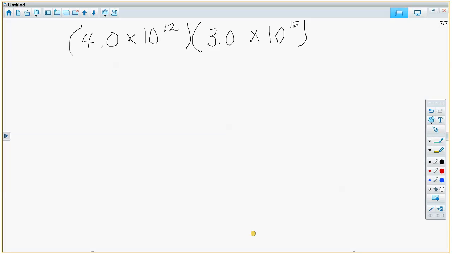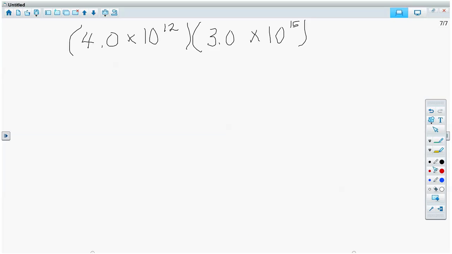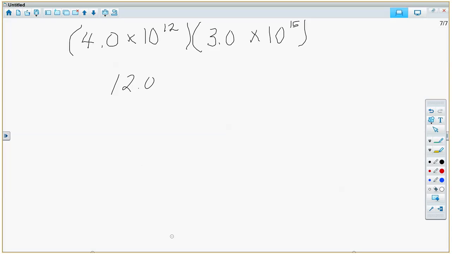All right, 4.0 times 3.0 is 12.0. You don't need to write the 0, but a lot of people, when they're doing scientific notation, like to put the 0 there just so they see it. You don't have to.